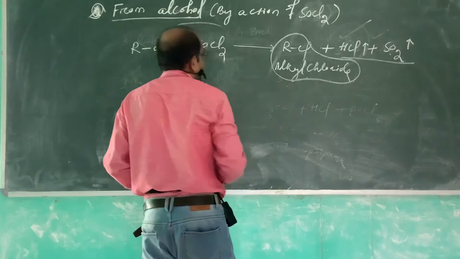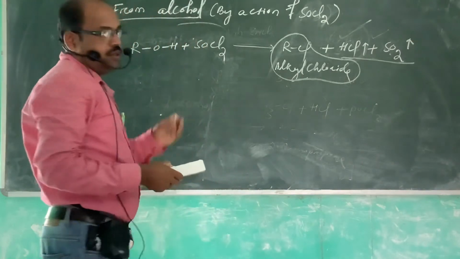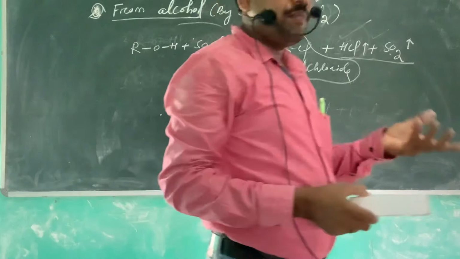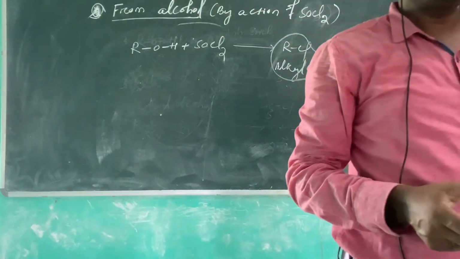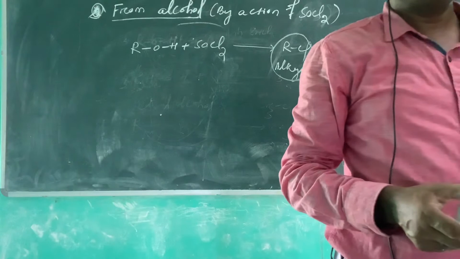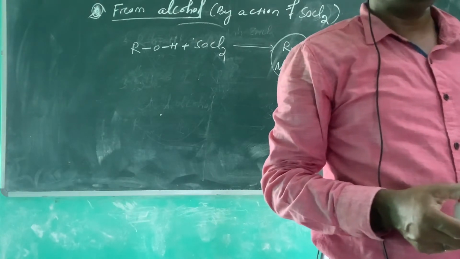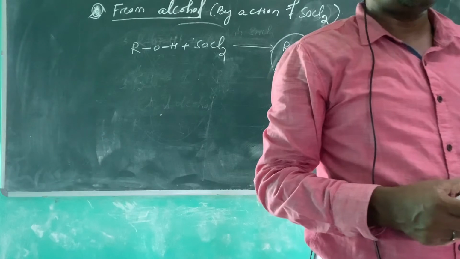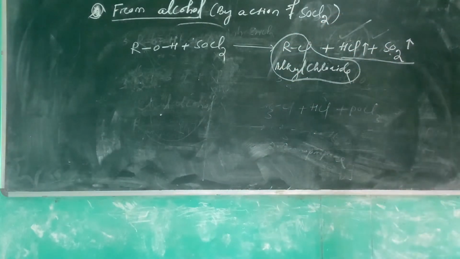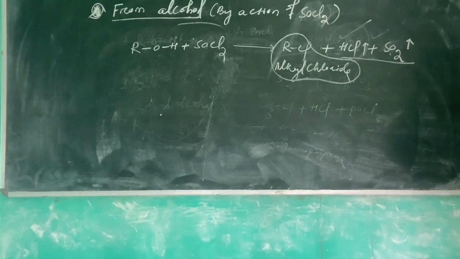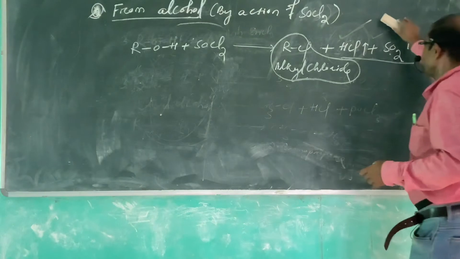When alcohol reacts with PCl5, PCl3, or thionyl chloride, we can get alkyl chloride. But this process provides pure alkyl chloride because the rest products like HCl and SO2 are removed in the form of gases.